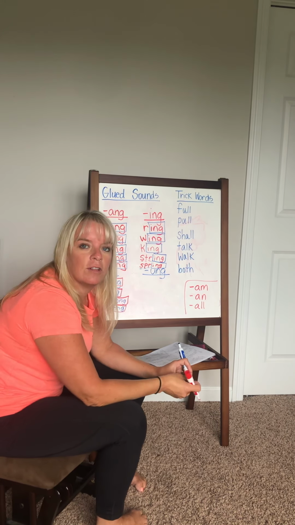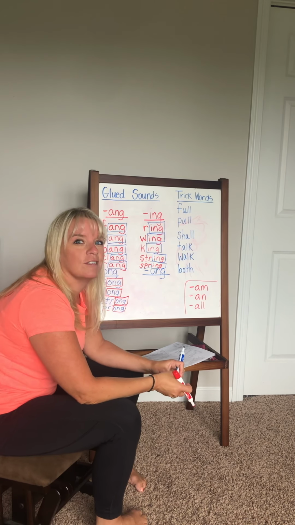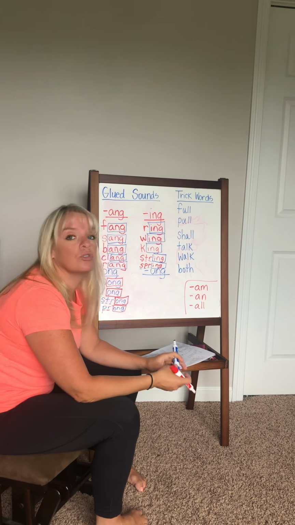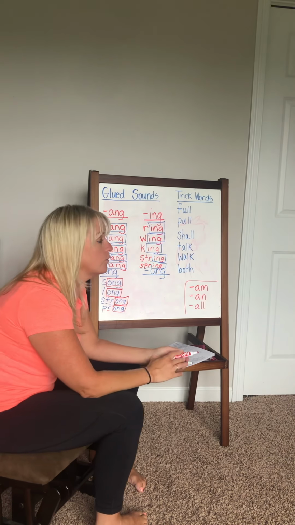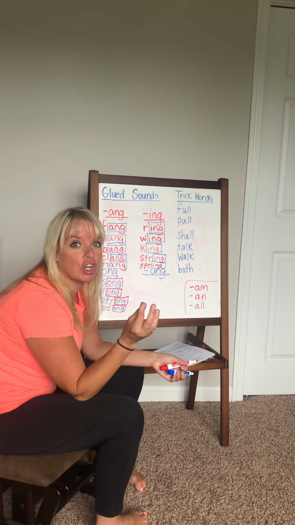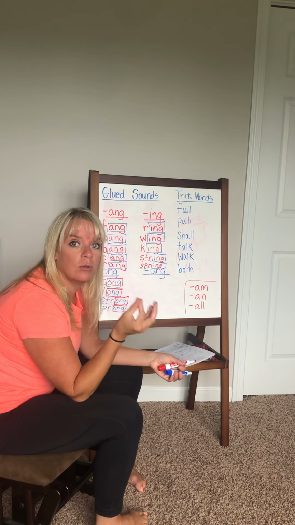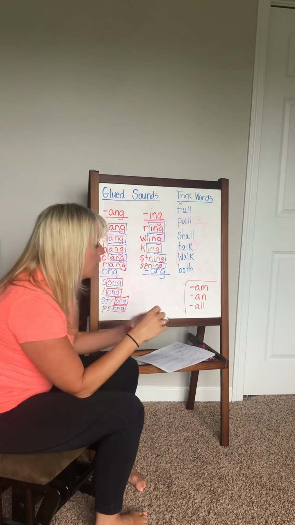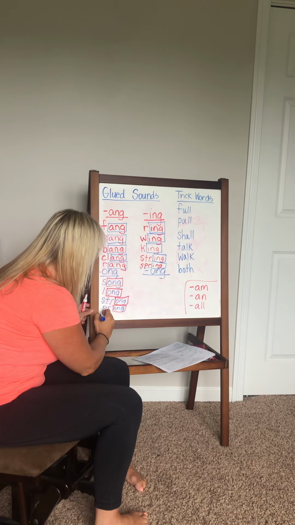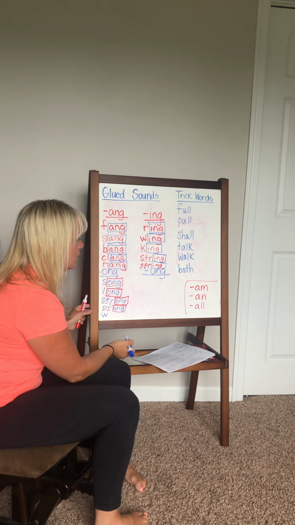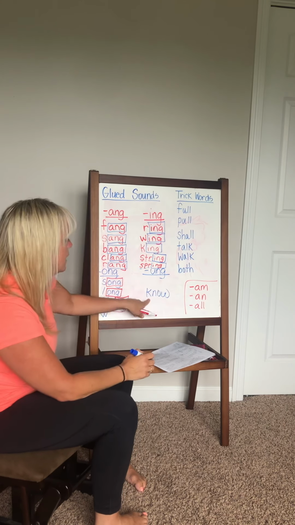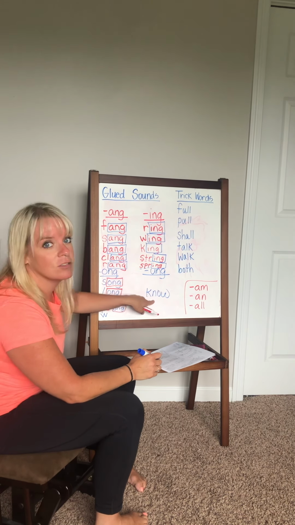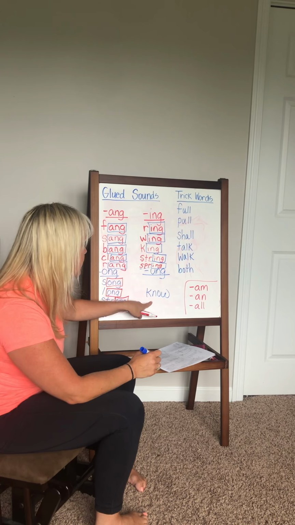All right, your last one for ONG. I saved this one for the last one because it's a little bit tricky. There's a silent letter. It's the word wrong. Like it's okay if you get something wrong. So if you were to tap it out, ong, it sounds like it would begin with an R, but sometimes we have a W that's silent. Do you remember before we talked about the word like no? We said when there's a K and N next to each other, that K is going to be silent.